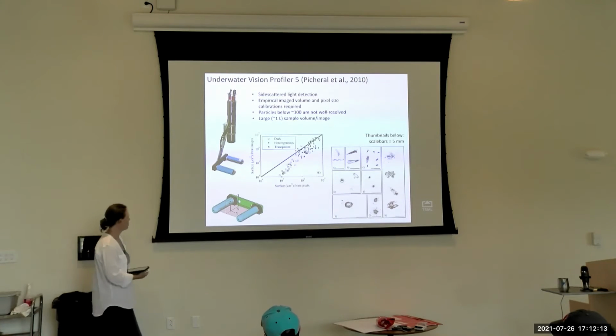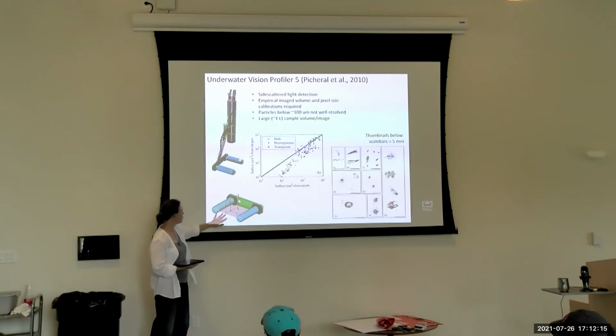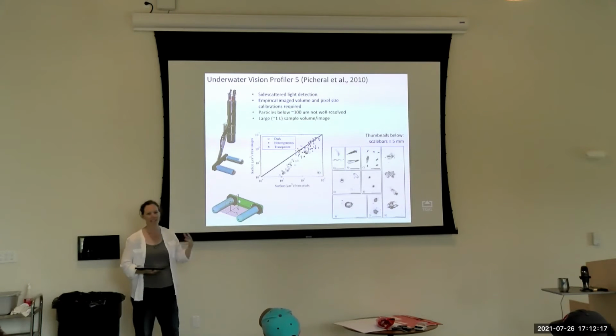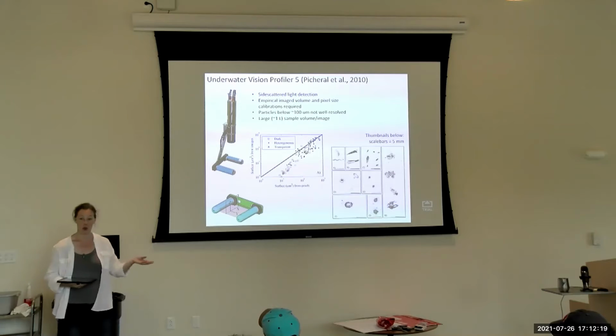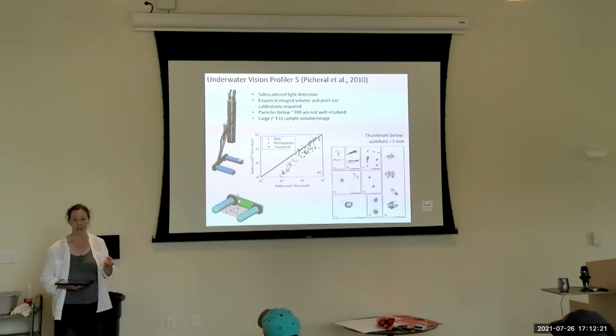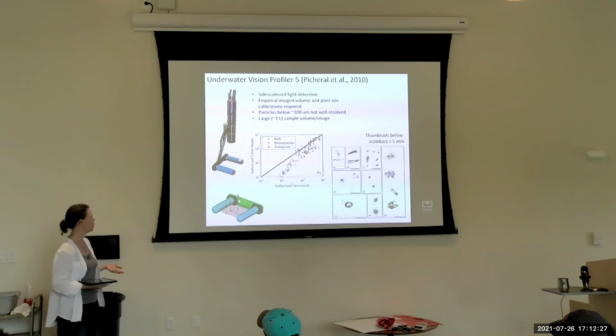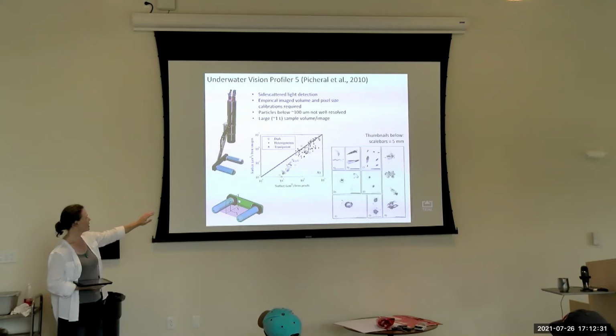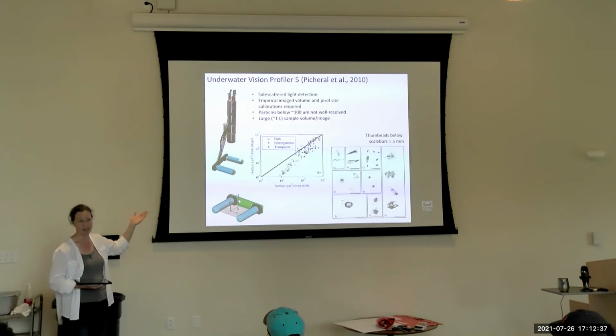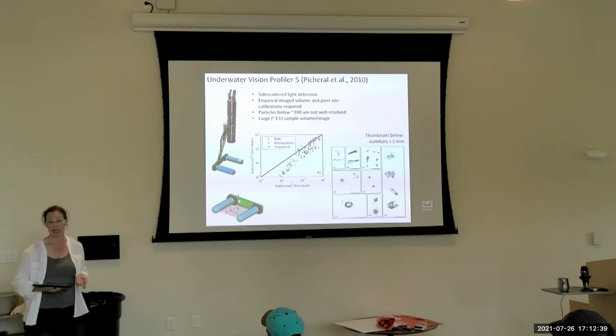Because of this large illumination volume, you actually have to calibrate the light volume that's illuminated in each flash that the camera is imaging in order to get your sample volume, so how many particles per volume. That's empirically determined, and so is the pixel per micron scale. So the size of the pixel in that image is also empirically calibrated.